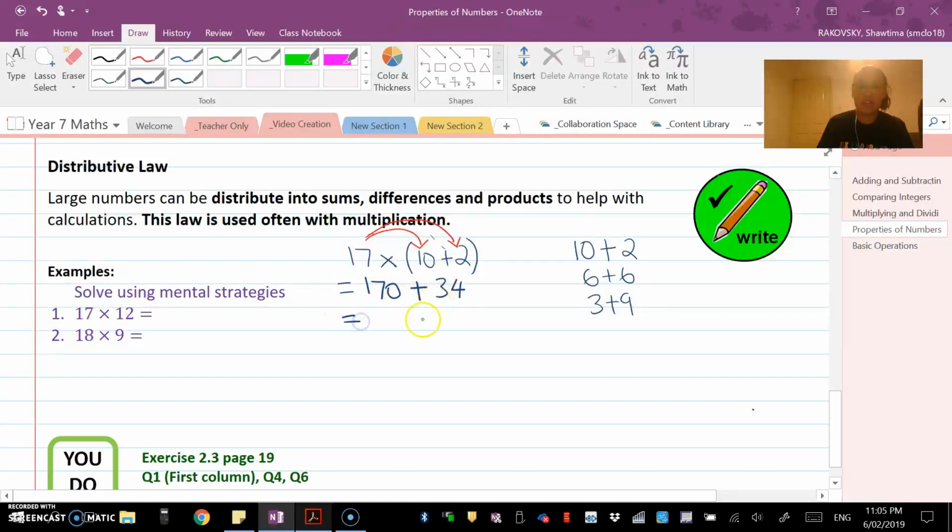Now I can add those two values together, 170 plus 34, I have 204. So let's look at this one here as maybe using differences.